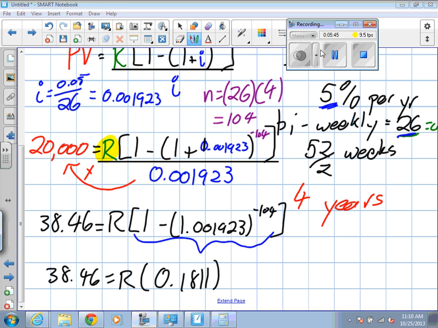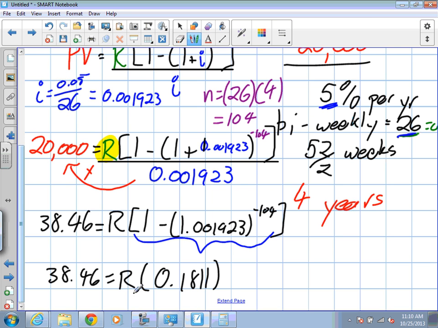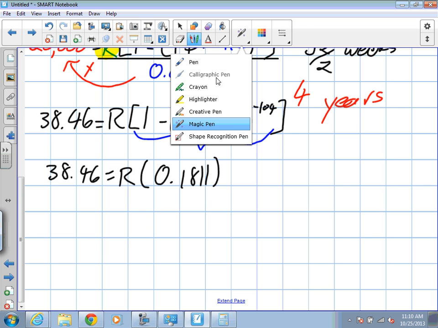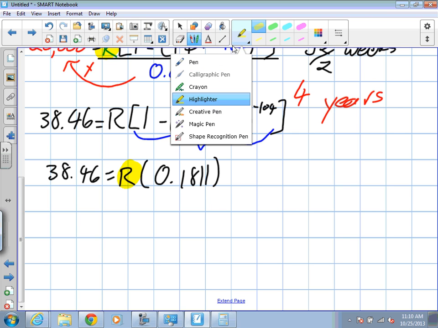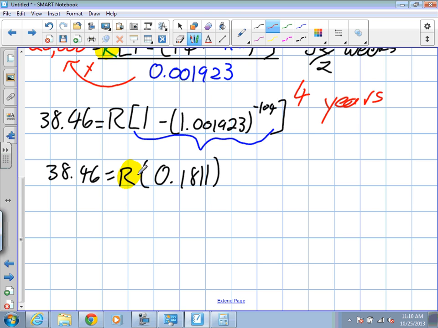Now that we've simplified this, the last step is still to isolate R. Figure out these regular payments. How do I move that bracket? That's right. Because it's multiplication on this side, we move it over, it becomes division. So I've got to divide 38.46 by 0.1811. That will tell us what my regular payments are, every 2 weeks, what I'd have to pay to this bank to be rid of my loan.